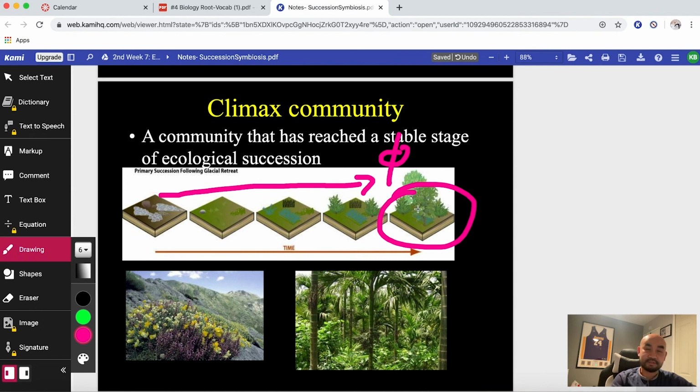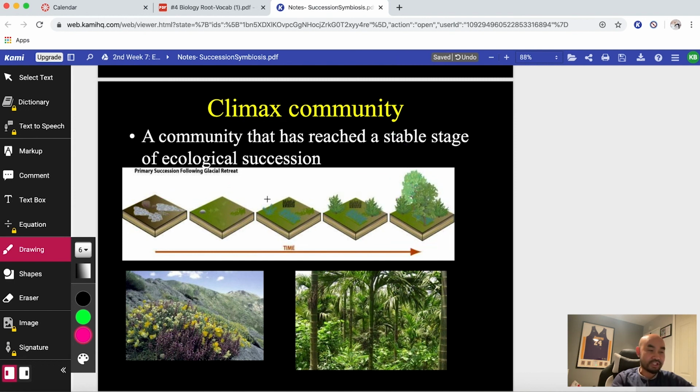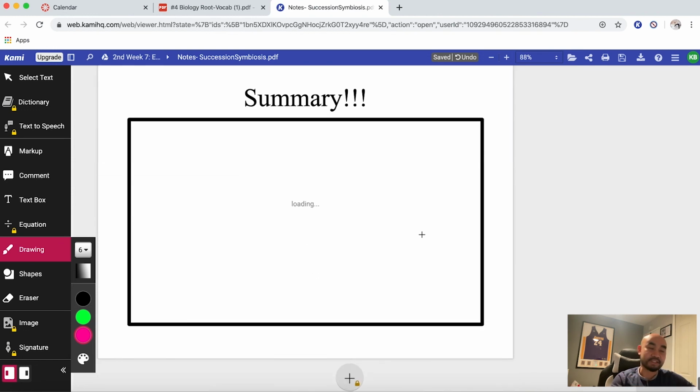It has hit the maximum available space for living things, and that's what we call a climax community. Understand? So you have succession, things change, but it gets to a point that the area does not have enough space anymore. Just imagine a town, right? You have a lot of land for houses, but it gets to a point where there's no more space to build houses. So that means that community has hit a climax community.